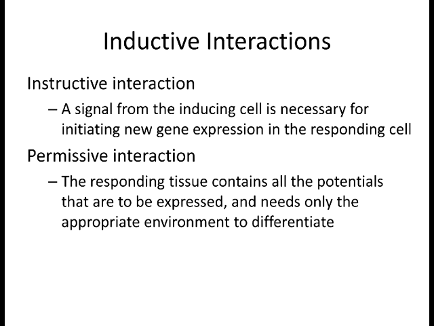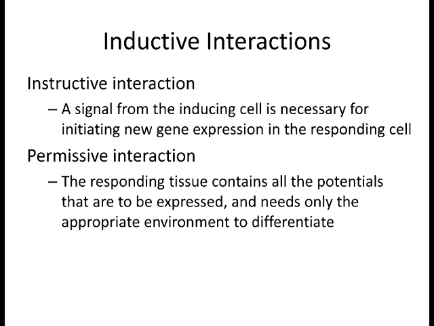However, there comes a point where the tissue starts going down this process of specification, and it has everything it needs. It's almost autonomous. It just needs the right environment to finish off. So permissive interaction is one of those things where the tissue has already gone through those stages of induction, and it's almost ready to be finished off.